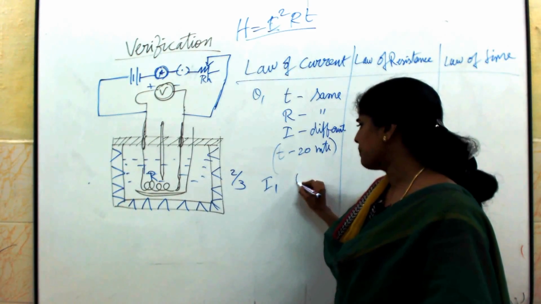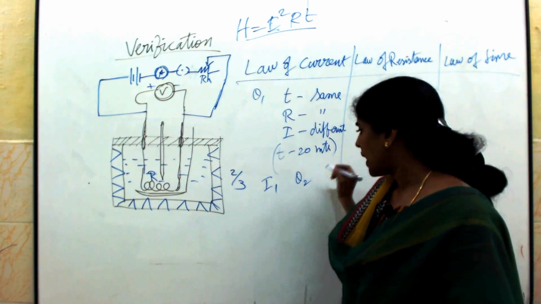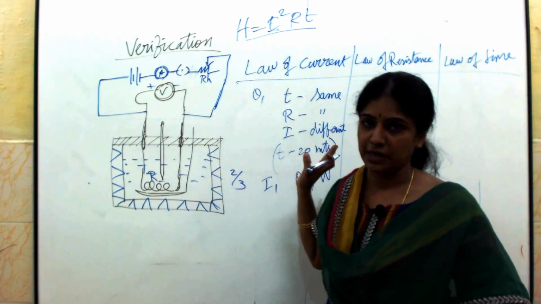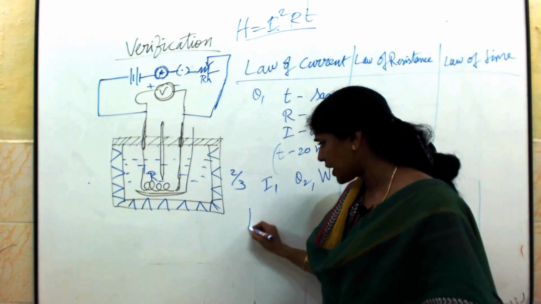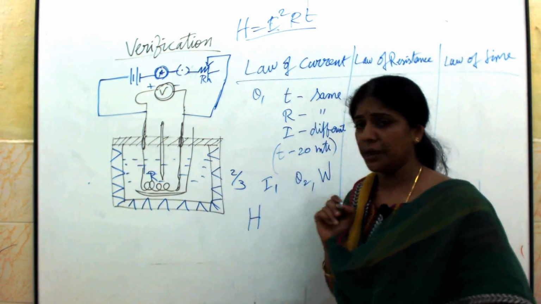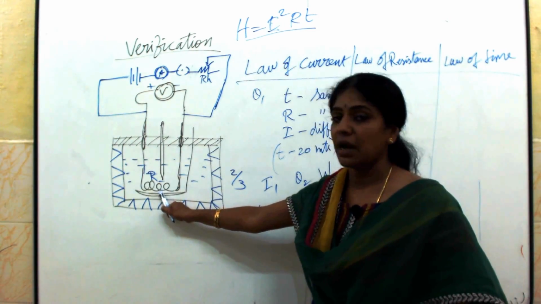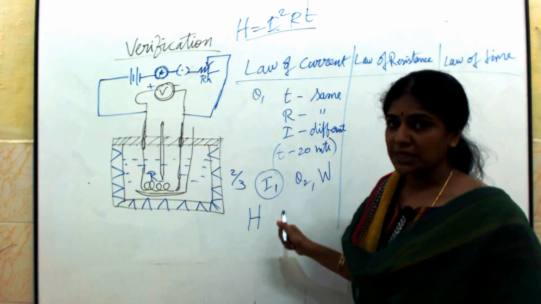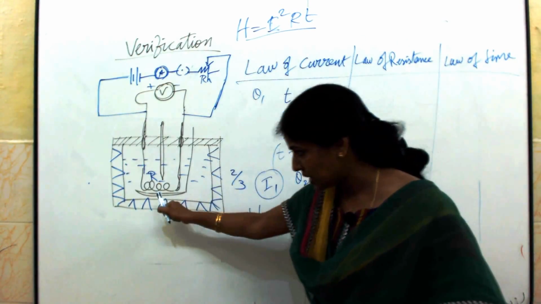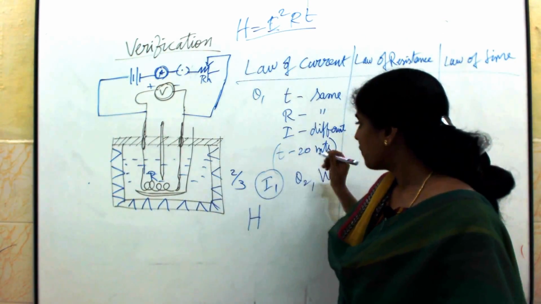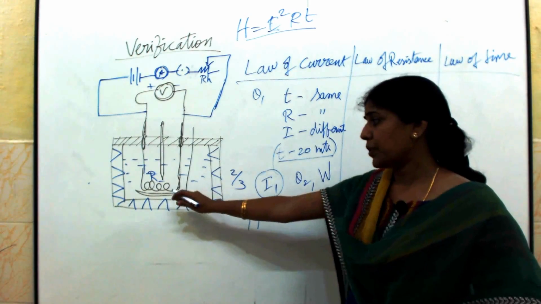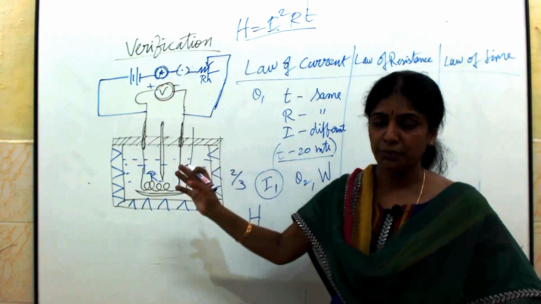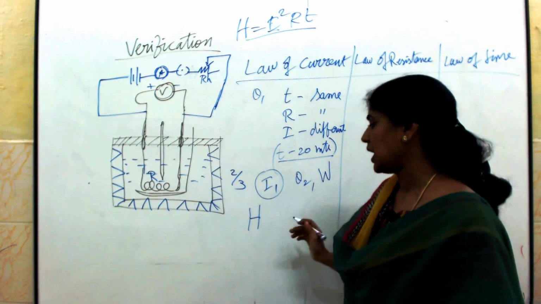Now let the temperature be theta 2 and let W be the specific heat capacity of the calorimeter and its content. Now I can find out how much heat is produced in this resistor R due to the flow of current I1. Since I am passing some current through this resistance R for a time t, it will produce some heat, isn't it?